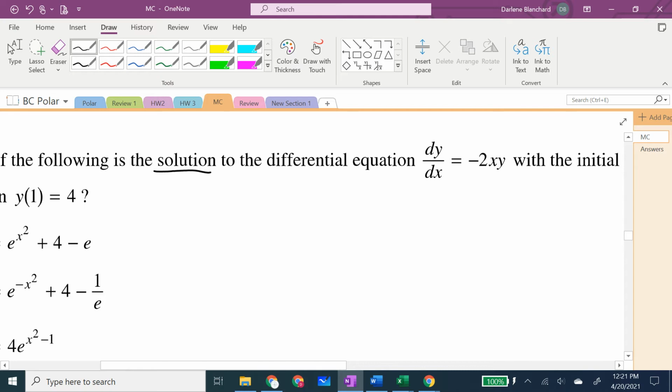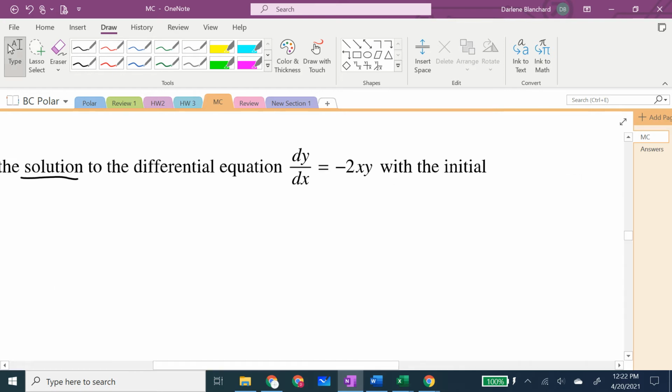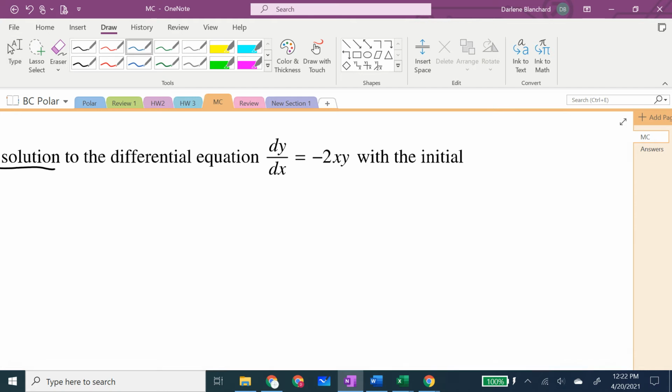You have a multiplication going on between a function containing x and a function containing y, multiplication or division. If you have addition or subtraction, it's not going to ask you to find the solution, I guarantee you. You don't have that technique yet. So you're going to integrate by separating the variables.